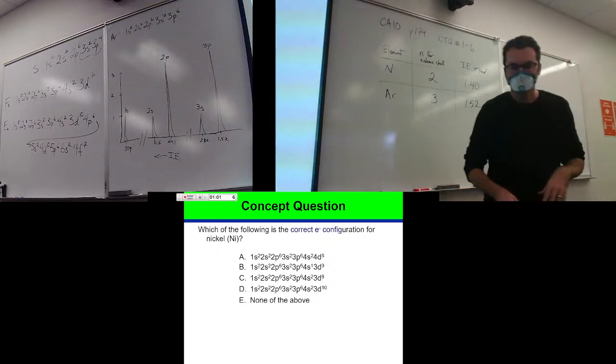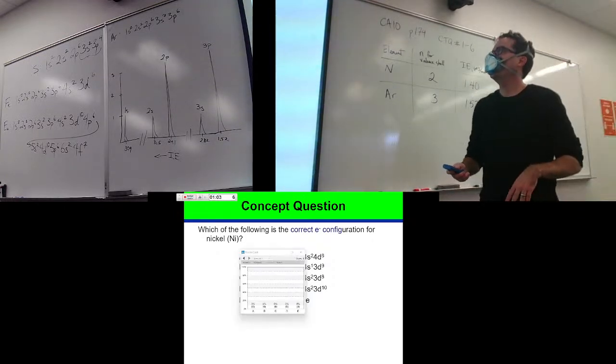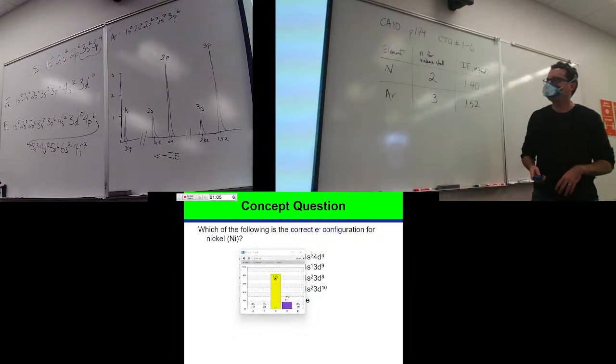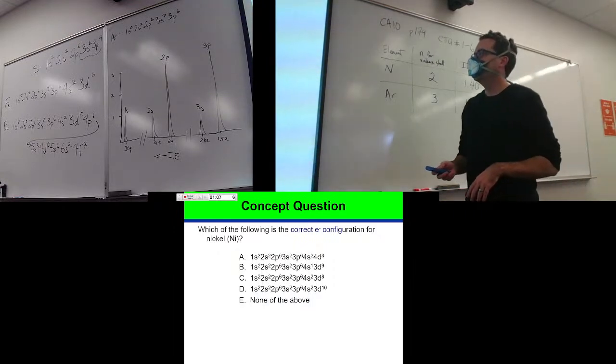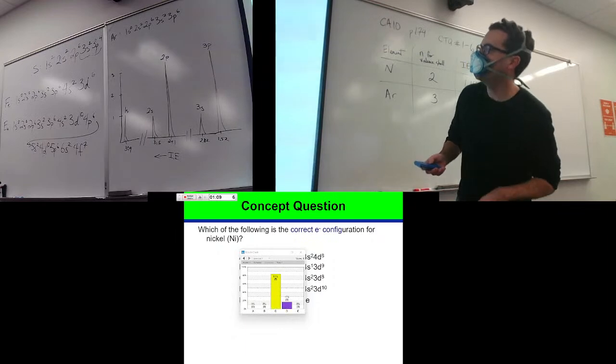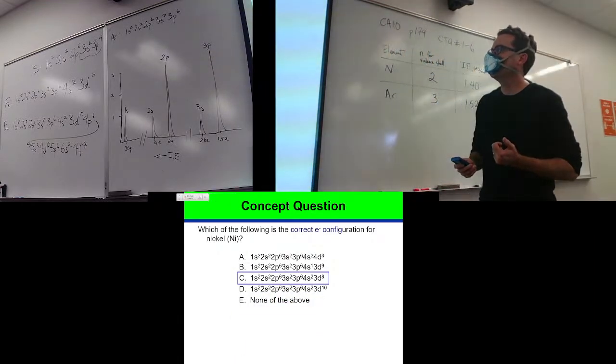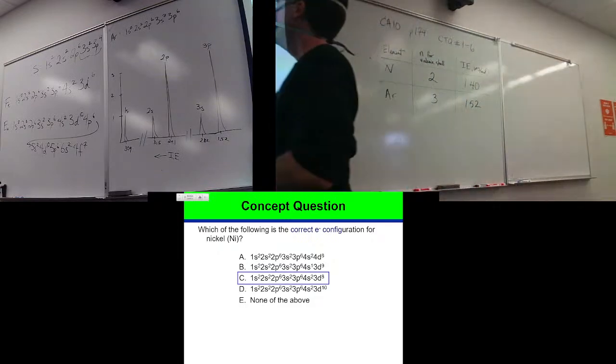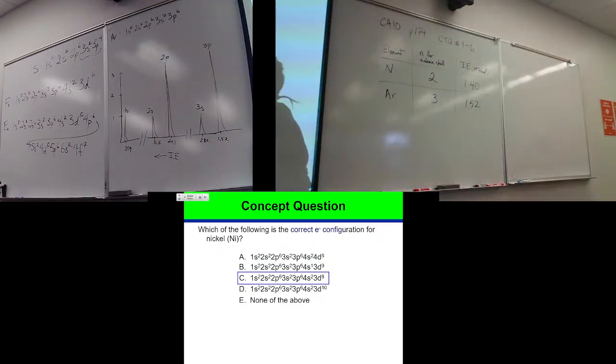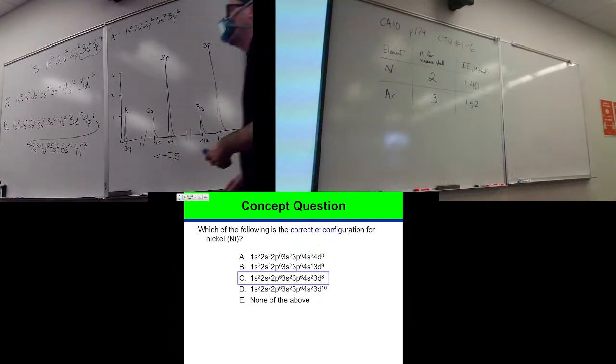Okay. We got a few votes in. Most people said C. And it is C. So 4s2, 3d8, that's it. Because if you count over from the beginning of the row, it's 4s, 1, 2, and then 3d, 1, 2, 3, 4, 5, 6, 7, 8.